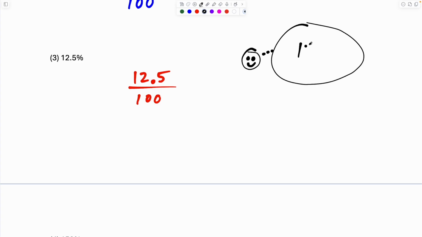Question 3, we're going to convert 12.5% to decimal form. So we could start by writing 12.5 over 100. From the notes, I said that when we want to go from percent to decimal form, we just divide the decimal by 100. So from here, let's think about what happens when you divide by 100. So when you have a decimal like this and you divide it by 100, what's really happening is the decimal just moves 2 spaces to the left.